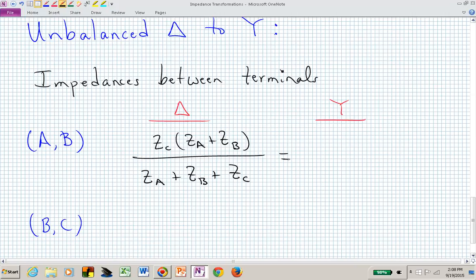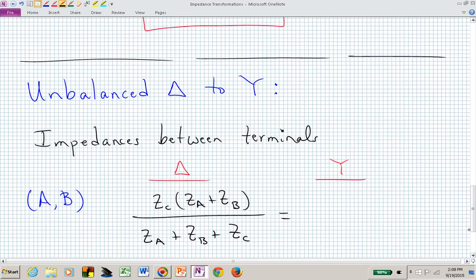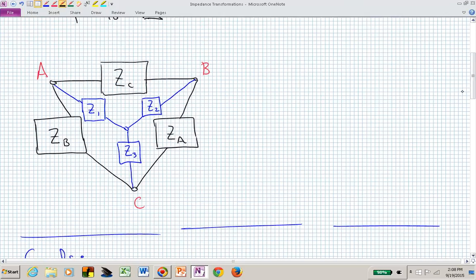Now, if we want these configurations to be the same, we want that impedance between terminals A and B to be equivalent to the impedance we see between terminals A and B in the Y configuration. In this case, virtually erase the black impedances and look at what you have as far as an impedance between terminal A and terminal B with the blue impedances.